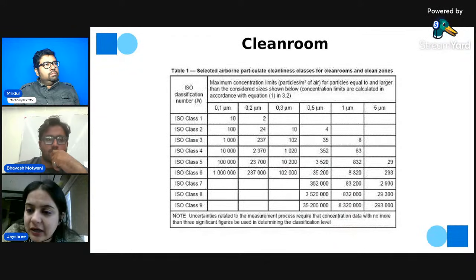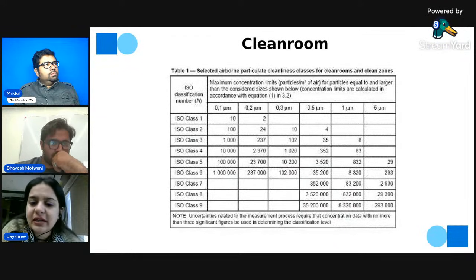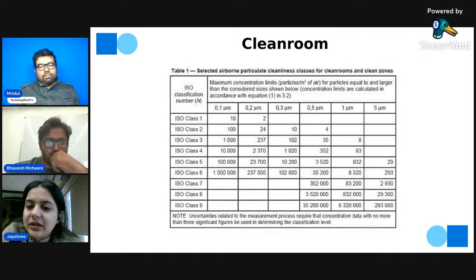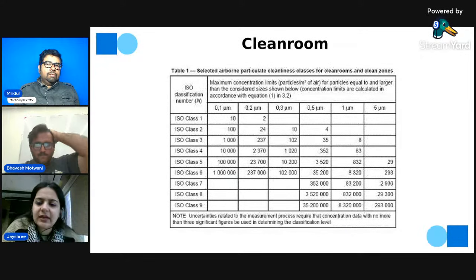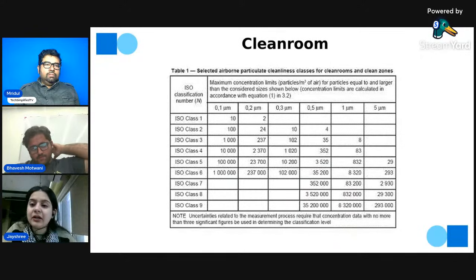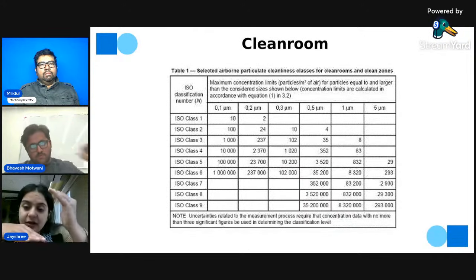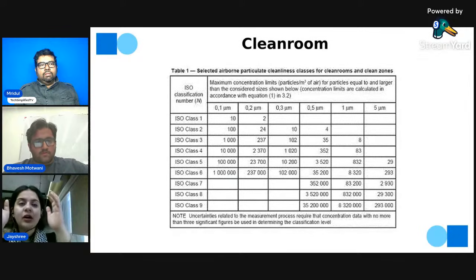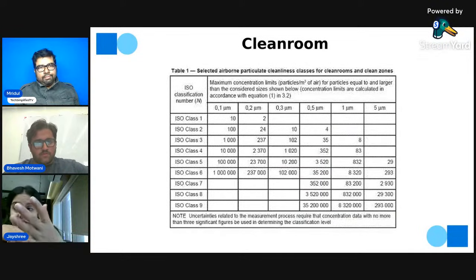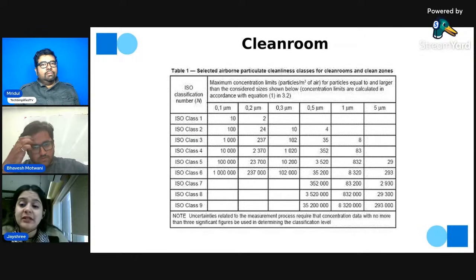This 5 micrometer is class 9, which is what we regularly see in campus universities. Class 100 and class 1000 are maintained in universities and everywhere.